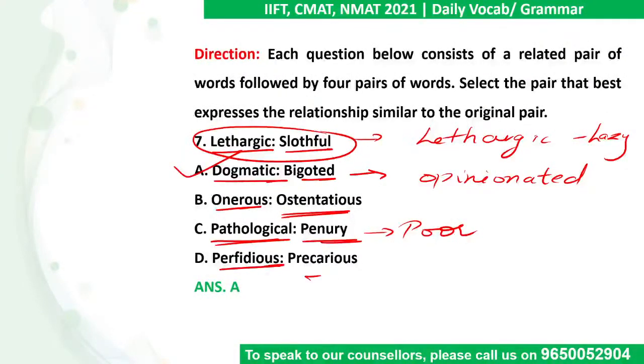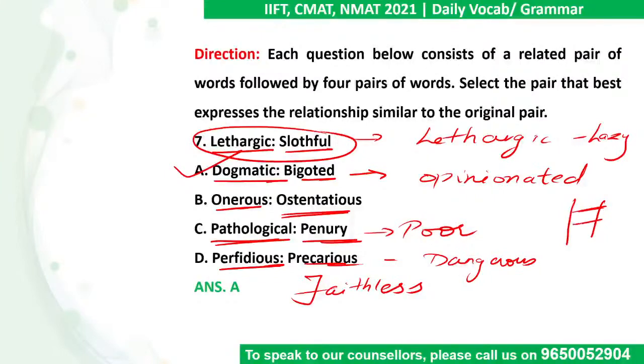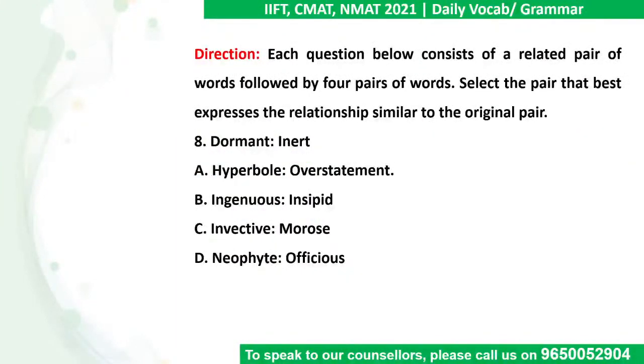Perfidious means faithless, and precarious means dangerous. If the ladder is standing in a precarious position, what I mean to say is it can fall down. So precarious means dangerous. Okay, very good. Next question.